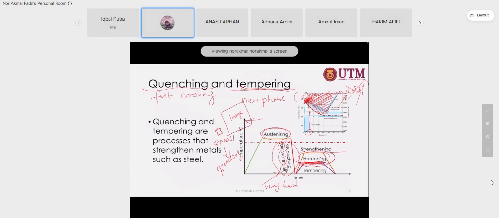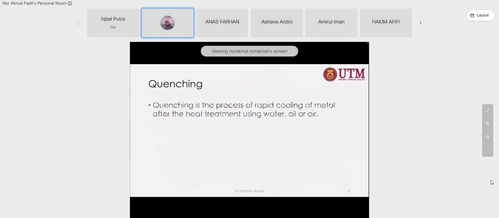But if you do the post-heat treatment after quenching at high temperature, you can further reduce the hardness but increase the ductility, where the combination will promote the strength of the materials. So high strength is not always hard. Strength and hardness at one point become very contrasting.